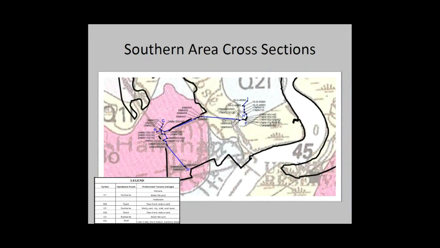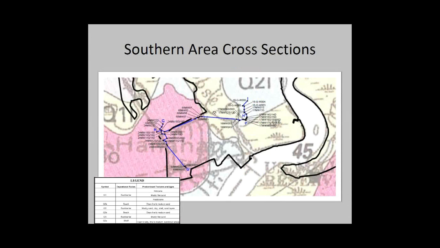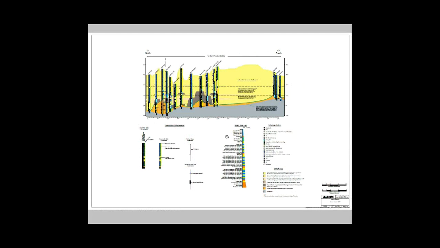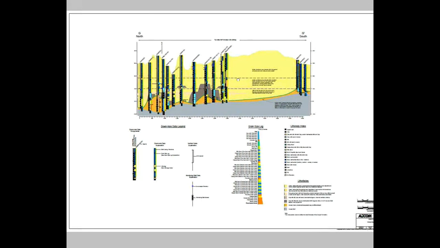And so then we'll move on to this unit, the southern area. This is our G prime, which runs right through this beach dune facies. Looks entirely different from the other ones.